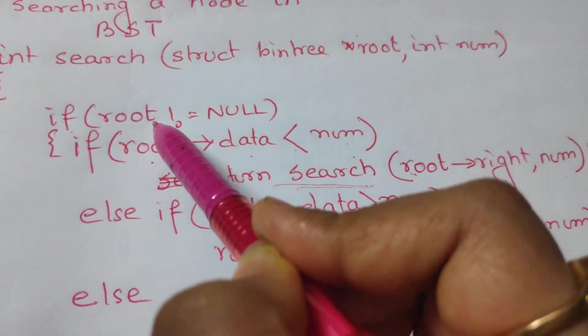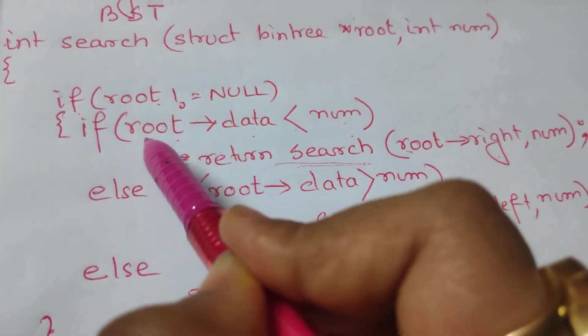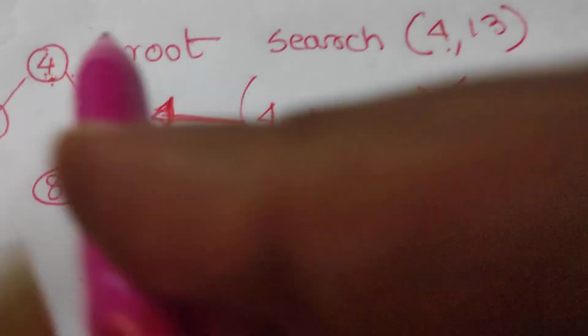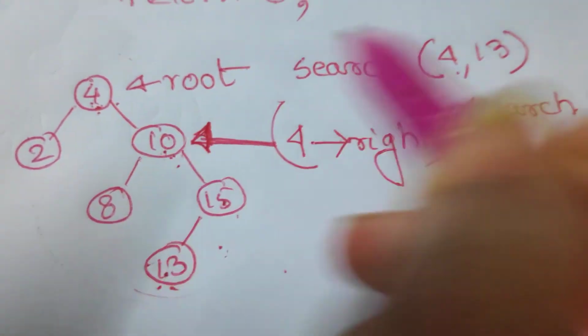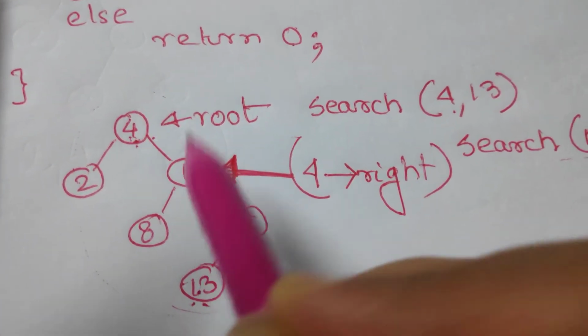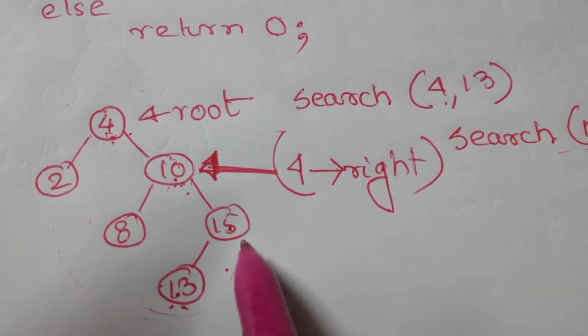Root is not null, 10 is not null, so it is true. We will enter root data less than number. So let's check. 10 is lesser than 13, that is true. So since 10 is lesser than 13, again we have to ignore the left hand side and move to the right hand side.